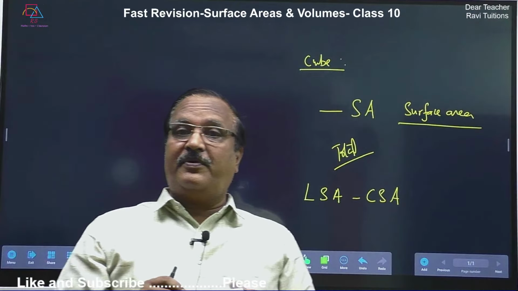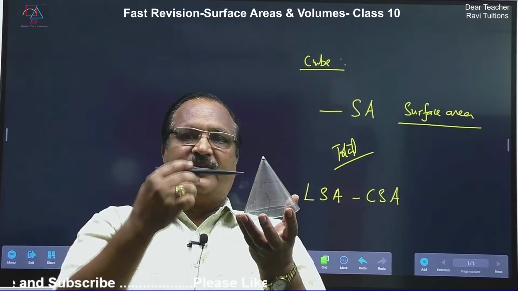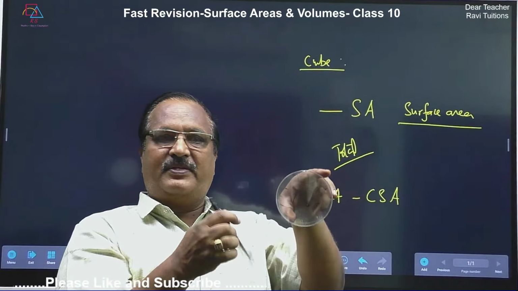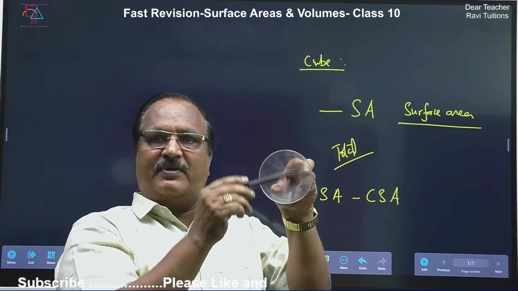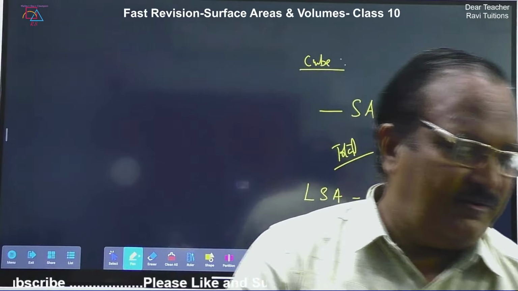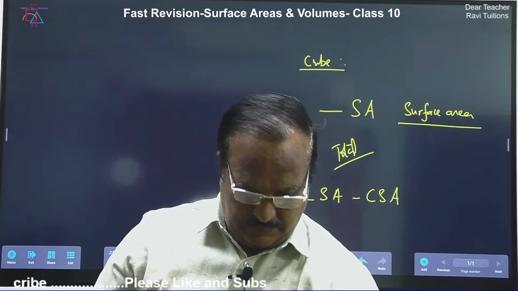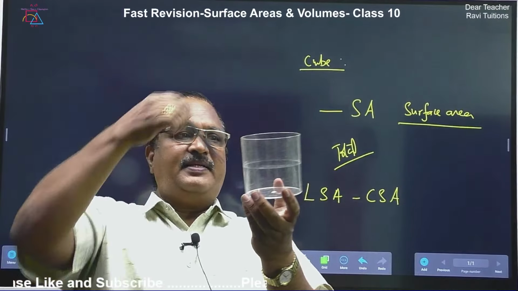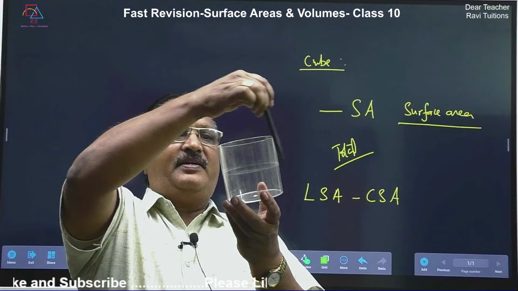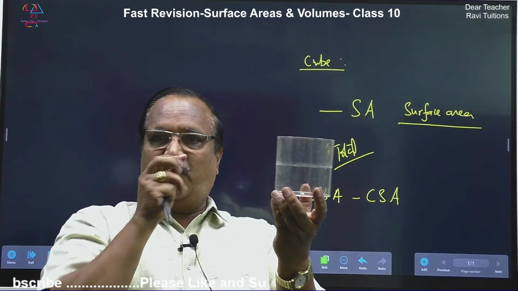A cone has one curved surface area and one base, so total two surfaces. A cylinder has one curved surface area, one top, one base. So total three surfaces will be there.